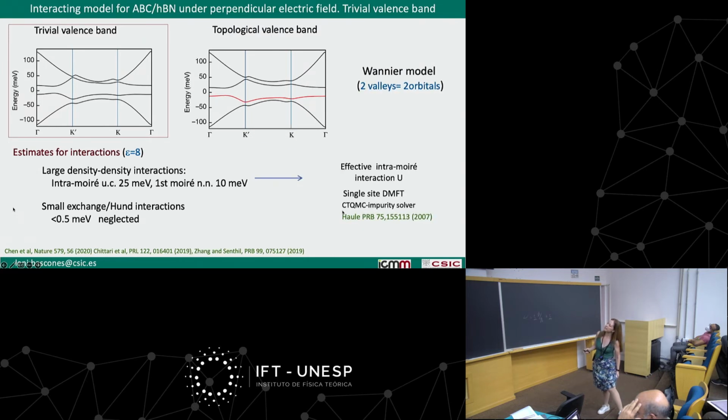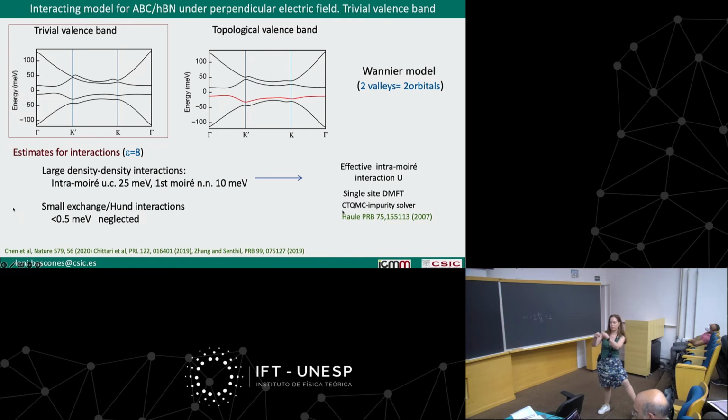Zhang and Senthil also studied how the interactions in this model are a few years ago, and they saw that they are of the order of, for this screening value, which is not very clear exactly which one it should be. So this is something which in the community we still don't know very well. So they are around 25 milli-electron volts.